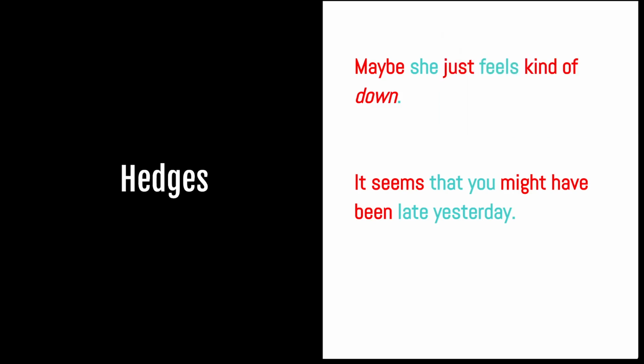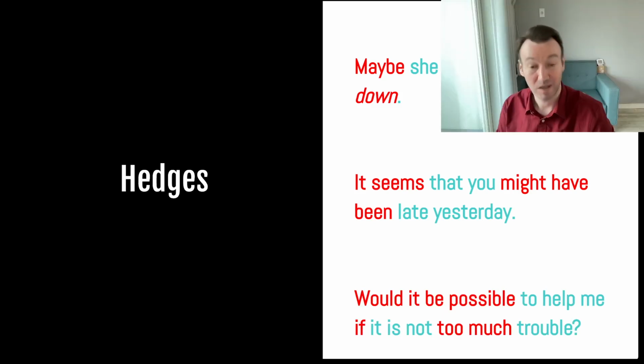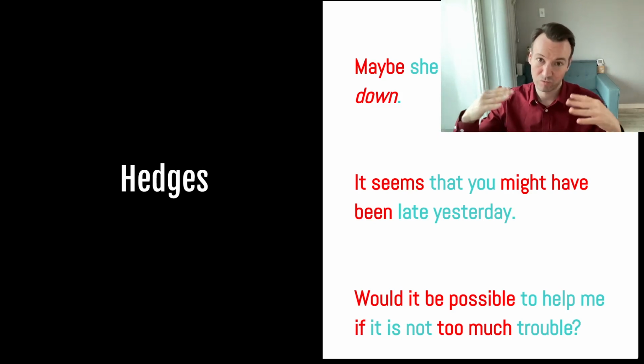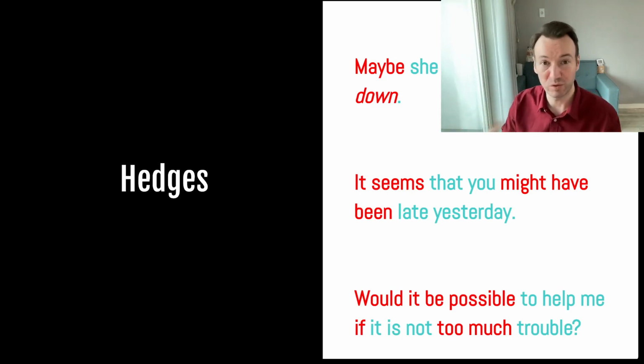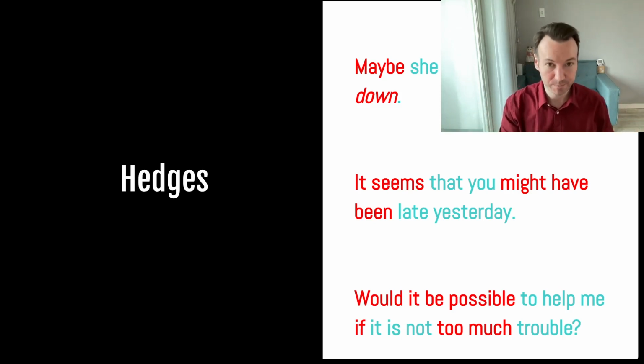Okay, let's look at another example. Would it be possible to help me if it's not too much trouble? Okay, so again, would it be possible? It's reducing the strength. On a basic level, we think of that as being polite language. What it's actually doing is hedging. It's reducing the strength, the impact.